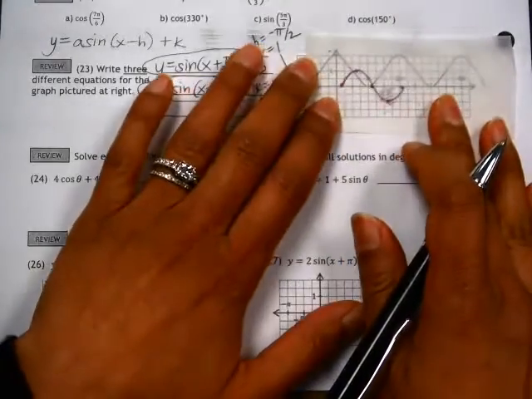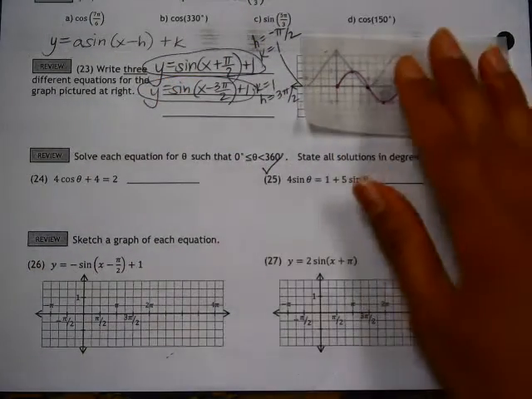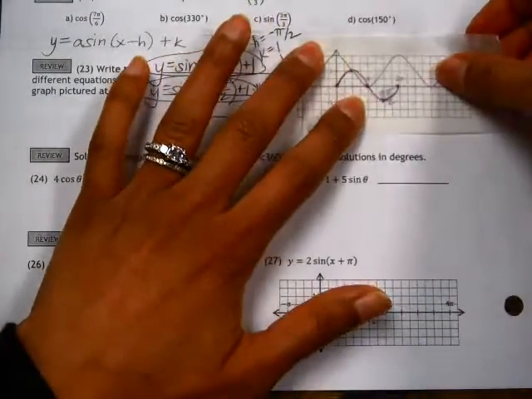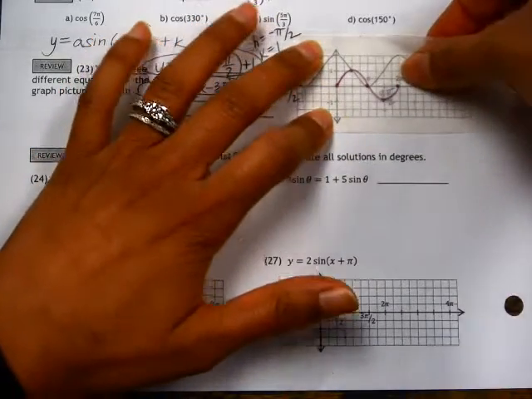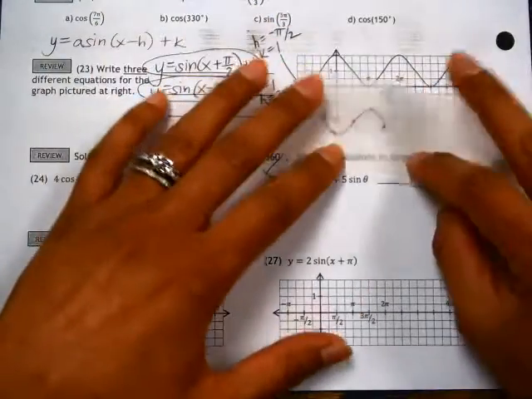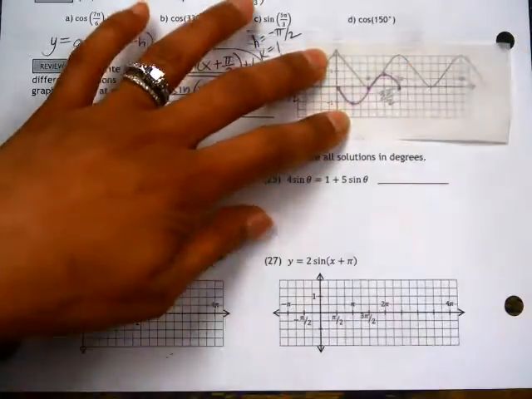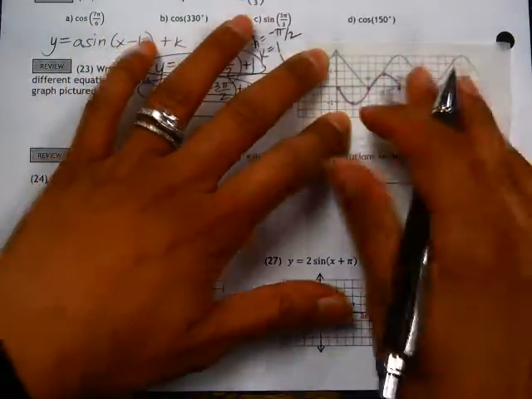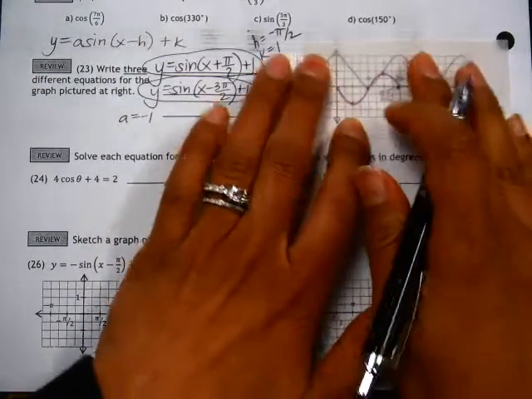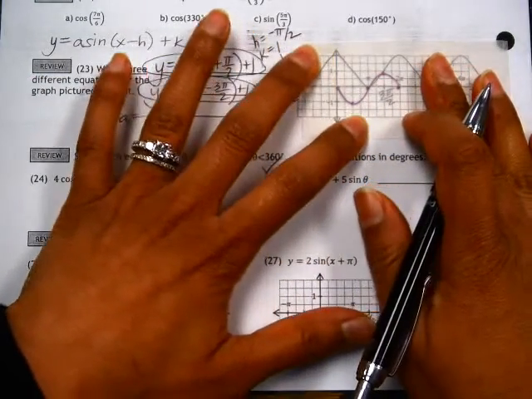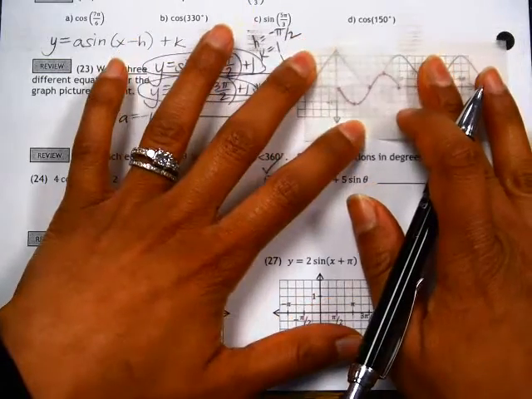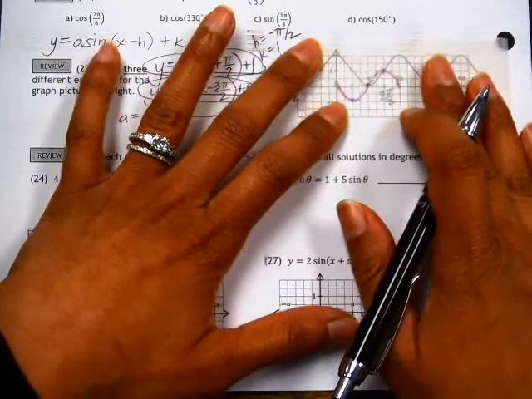Now let's see if we can introduce a flip of the graph and try to get the graph to match up. So I'm going to try to flip the graph upside down. That would be an a value of negative 1. Then from there, I need to move the graph. If I want to try to match it up with here, I need to move the graph up by 1 unit.